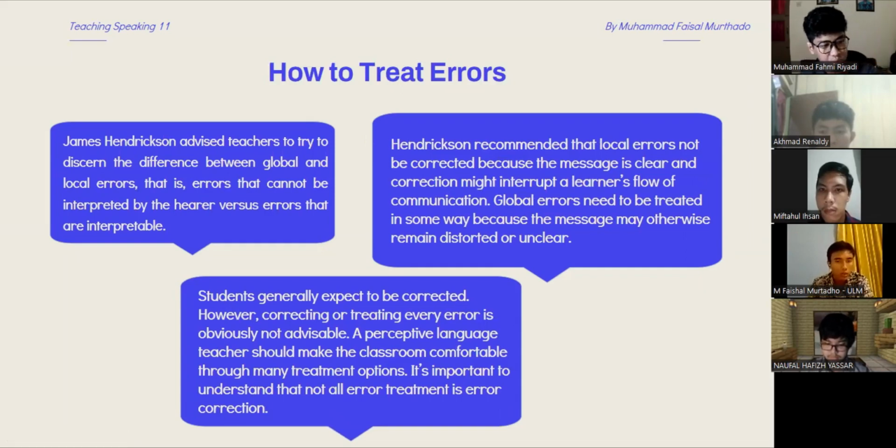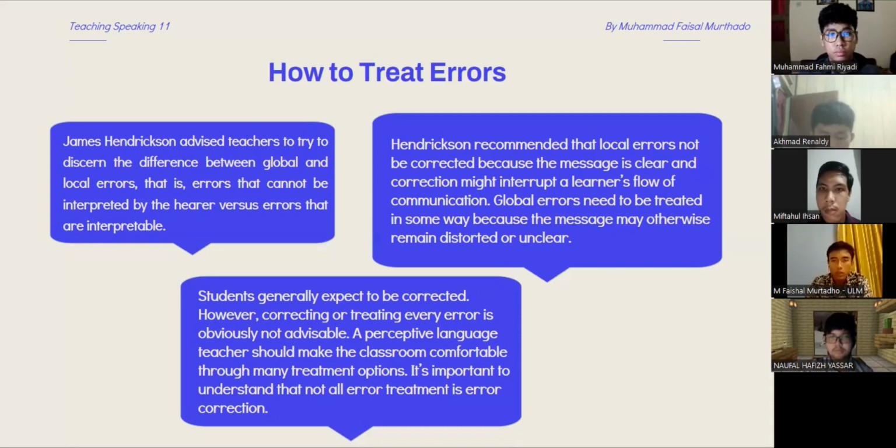In how to treat errors, James Hendrickson advised teachers to try to discern the difference between global and local errors. That is, errors that cannot be interpreted by the hearer, which is global, versus errors that are interpretable, which is local errors.